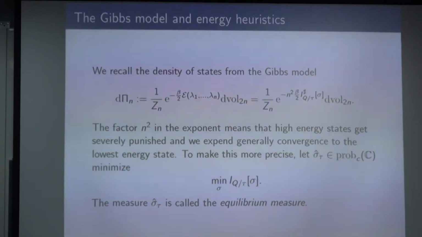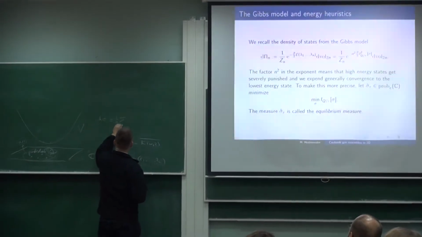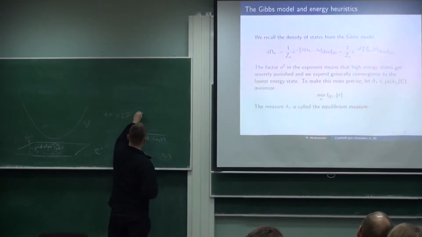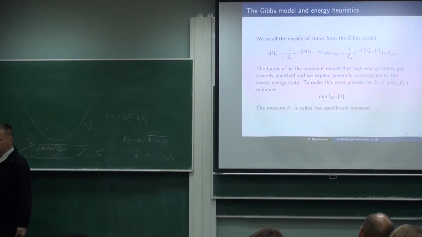And we should expect the convergence to the lowest energy state. And to see what is the lowest energy state, we have that d sigma was equal to 1 over n, d delta zj. You have a point mass at every point with weight 1 over n.